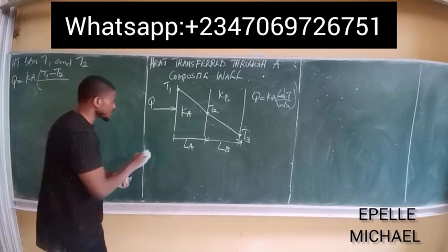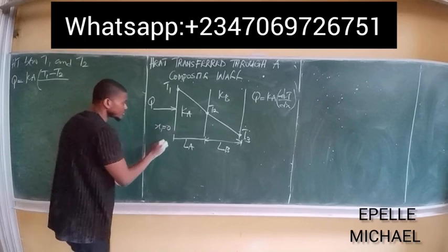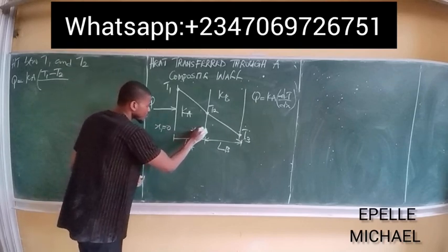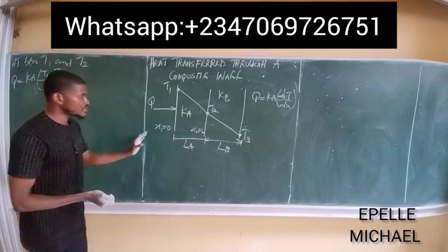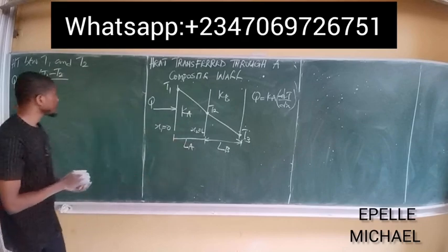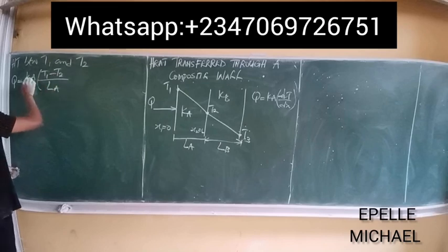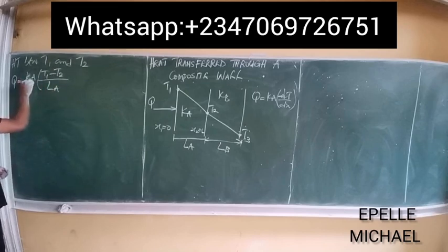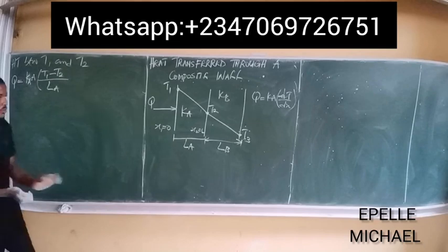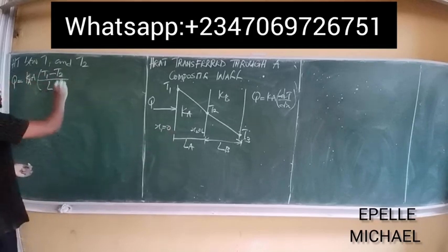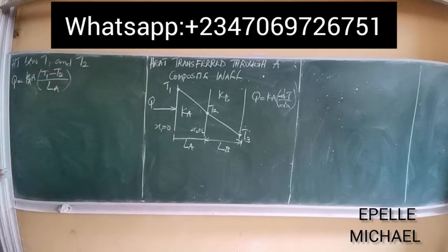At this point x1 is equal to 0 and x2 is equal to L, and this difference gives us LA. So this is all over LA. Remember, this Ka is the thermal conductivity of the first wall. So you simply have this equation.